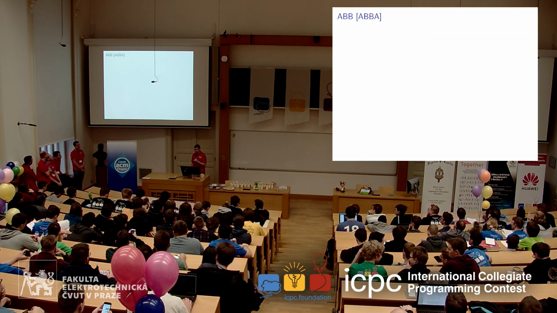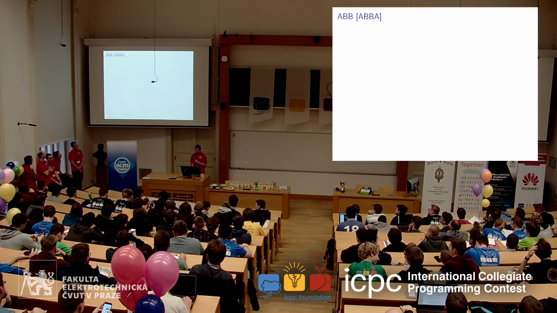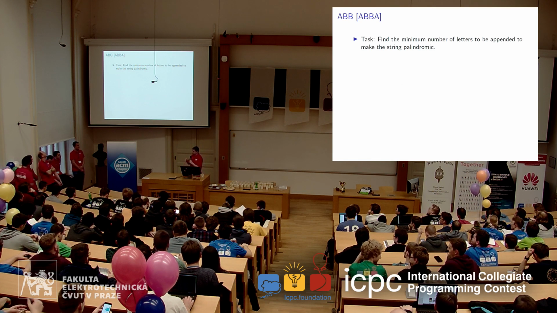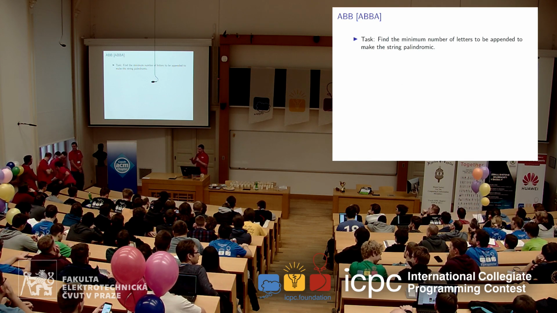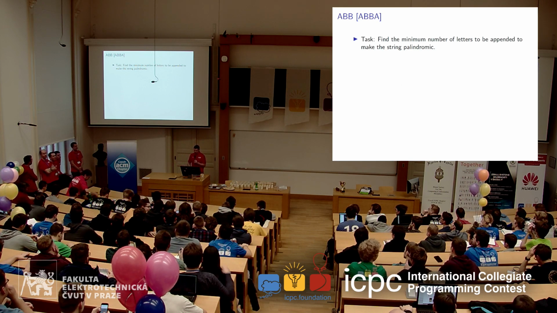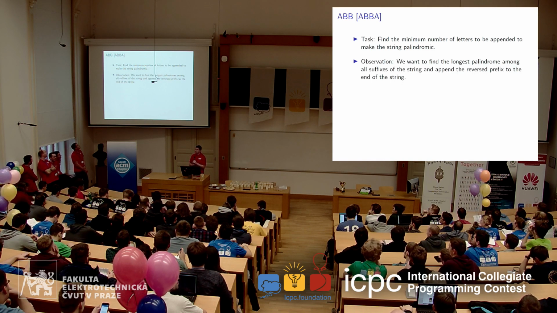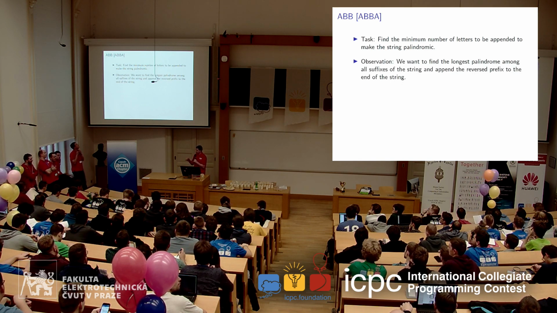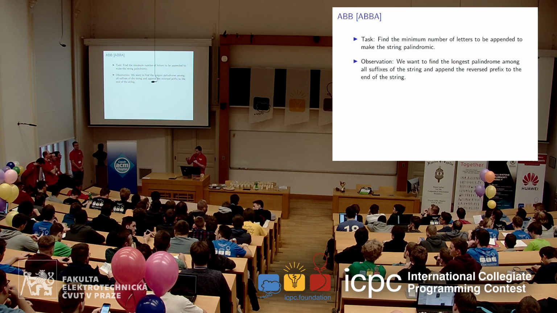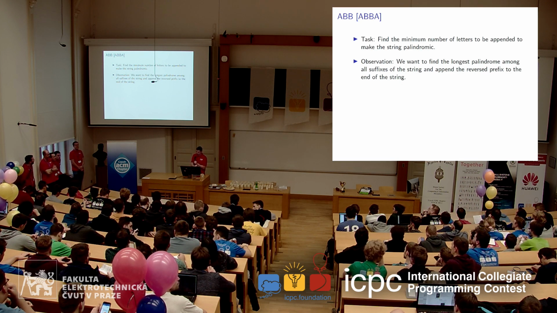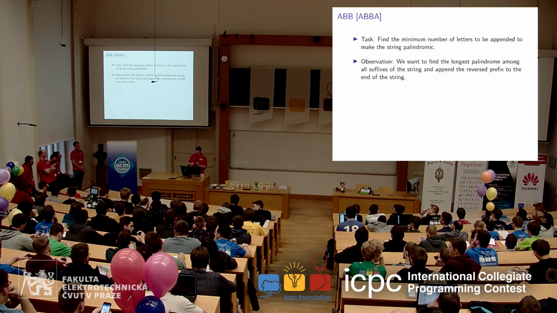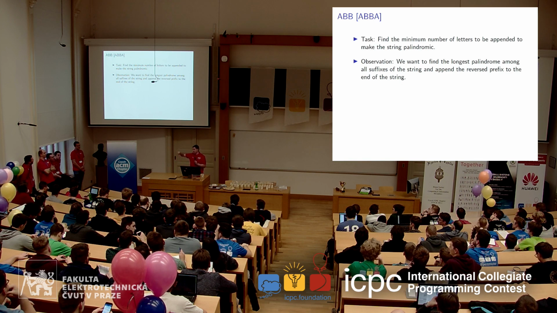Okay, the next problem is ABB. The task in this problem was to push the minimum number of letters to the back of the string to make the string palindromic. In fact, there is an easy observation that the resulting string would look like a reversed prefix, some palindromic suffix, and some prefix.